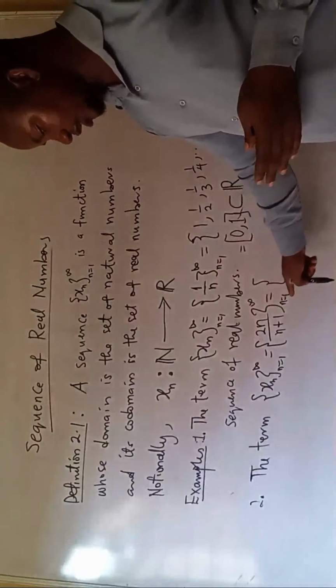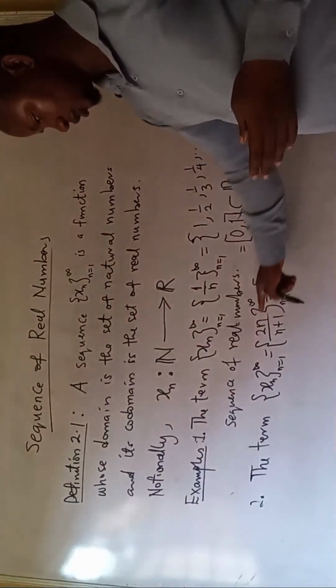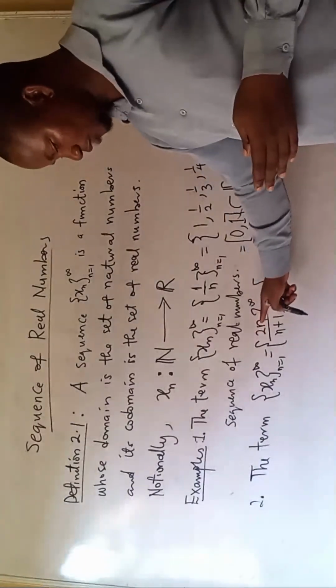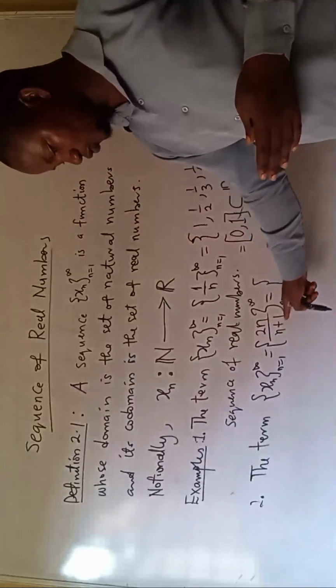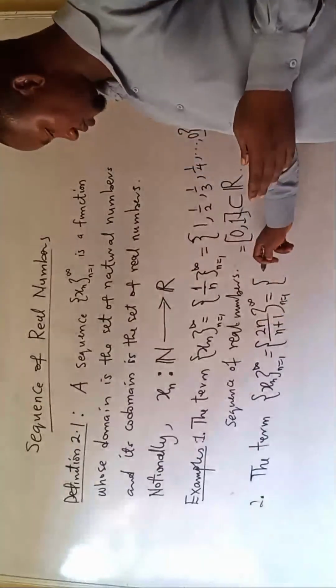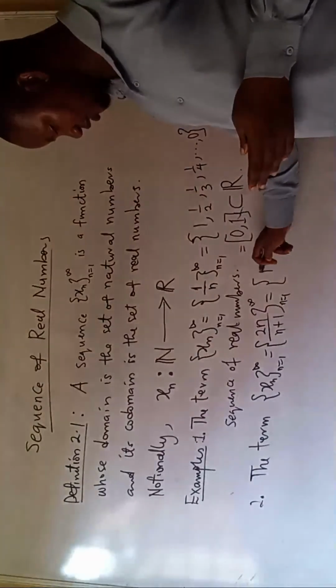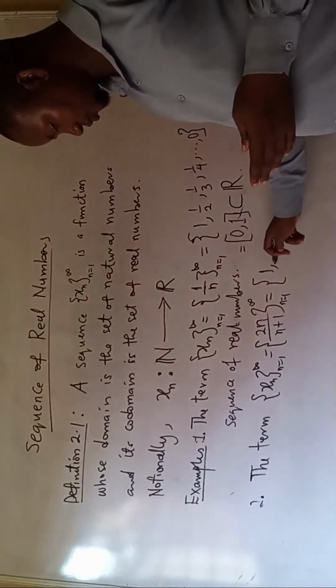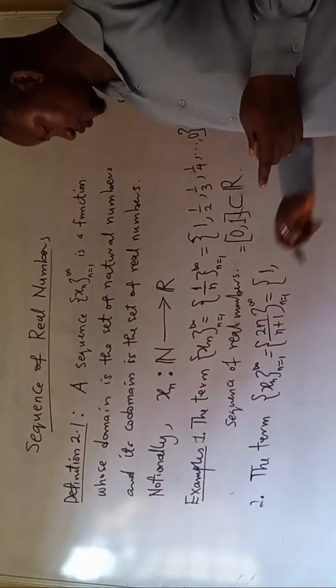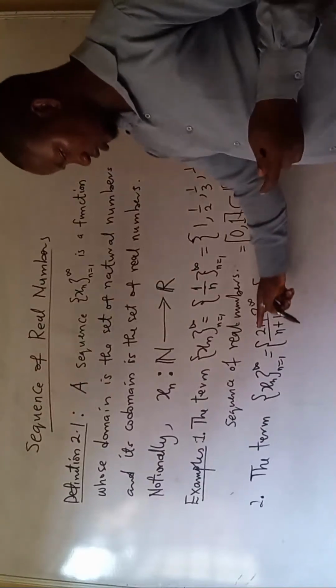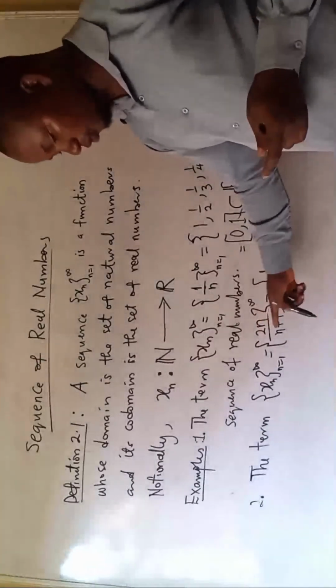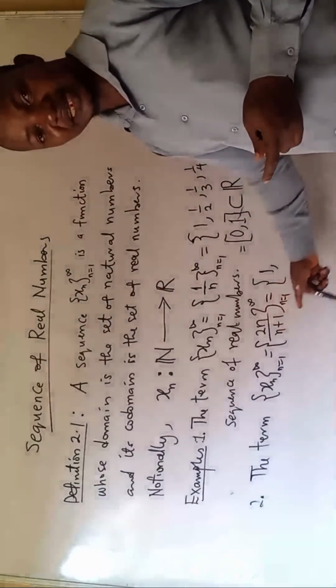Again, if you take n to be 1, this will be 2 multiplied by 1, over 1 plus 1, that is 2 over 2. That is 1. The first element there is 1. When n is 2, 2 times 2 is 4, and 2 plus 1 is 3.